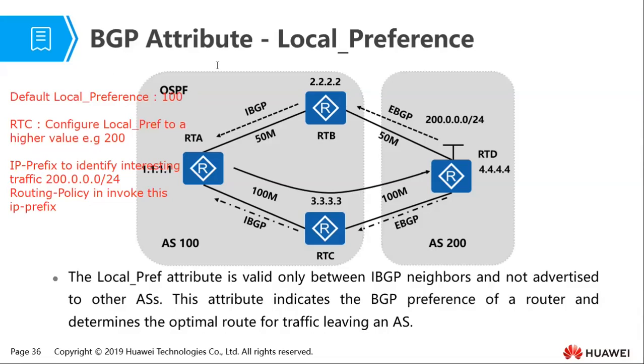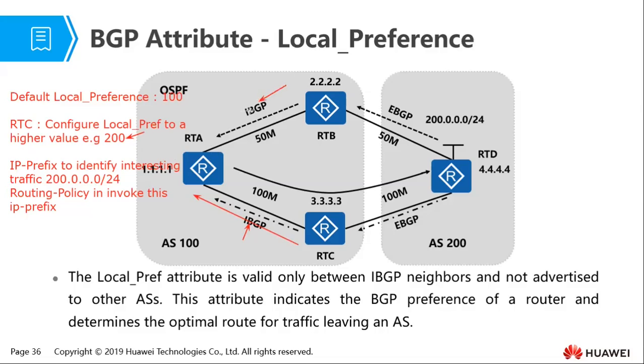As you've seen here, the local preference is only valid between IBGP neighbors. So when RTC advertises the 200 network to RTA via IBGP, it will change the local preference value to 200.